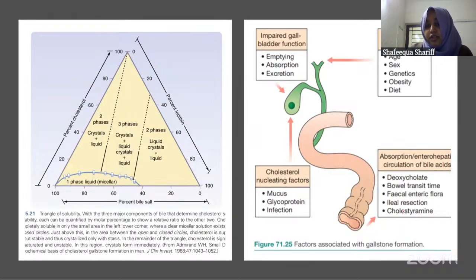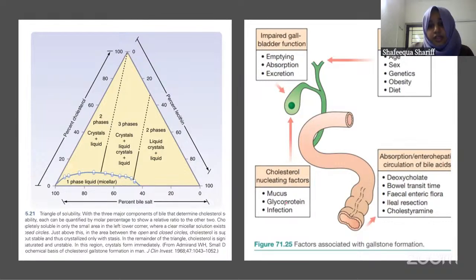In ileal resection, the terminal portion of the ileum which absorbs the bile salts and bile acid is lost, so there will be decreased bile acid and bile salt. Only when there is sufficient bile salt and bile acid will the vesicles remain in the proper micellar state. Otherwise, cholesterol will increase and form a nidus and form stones.